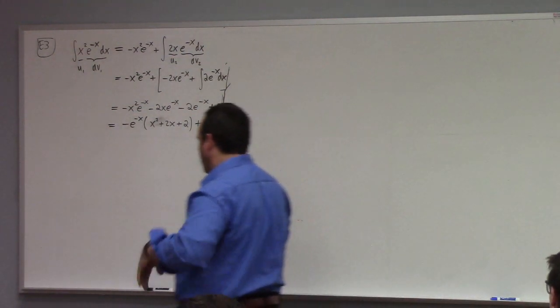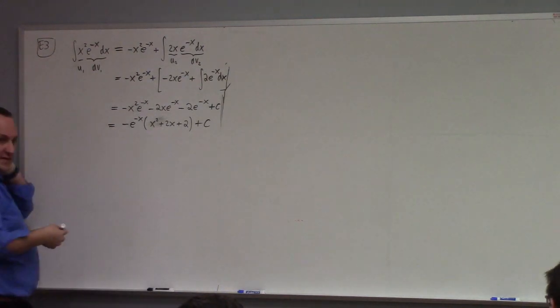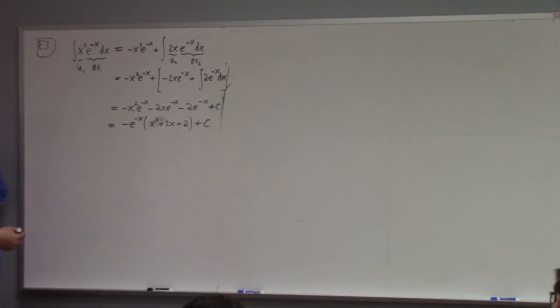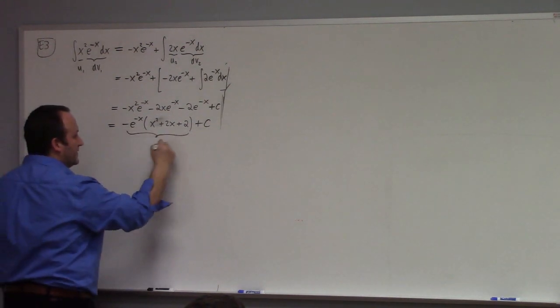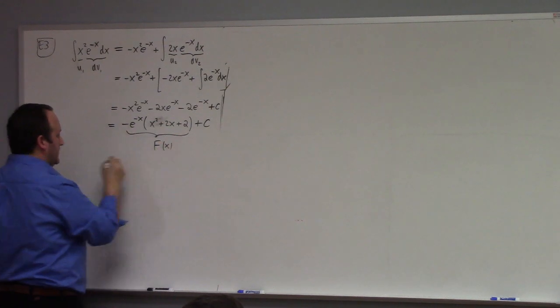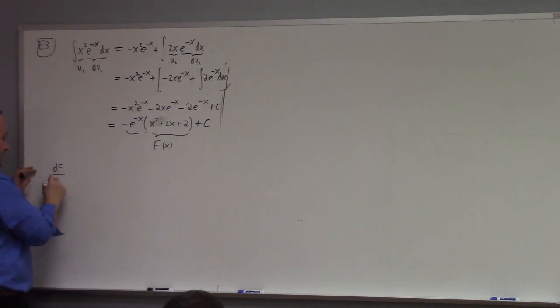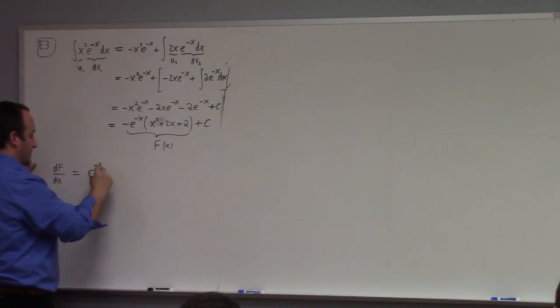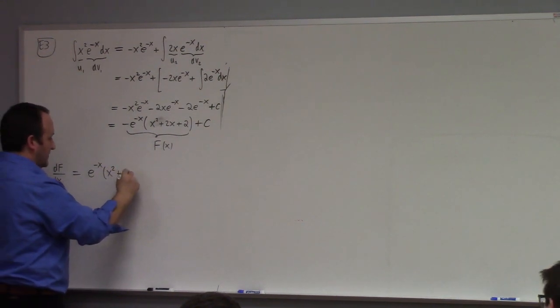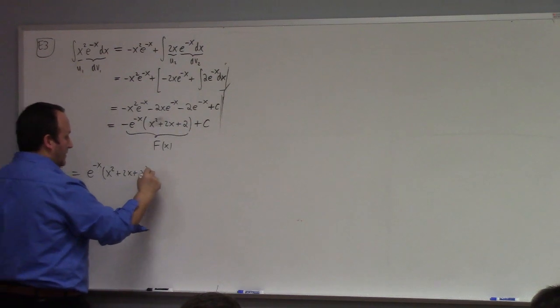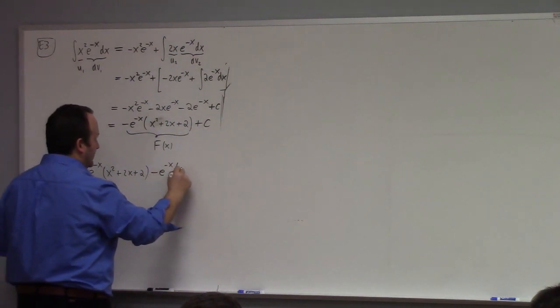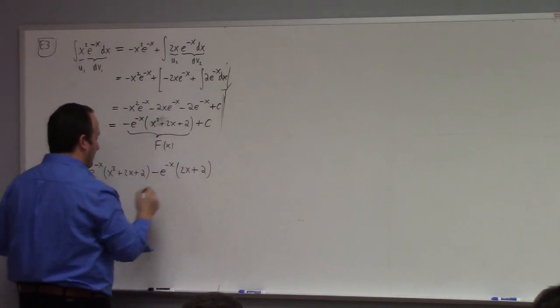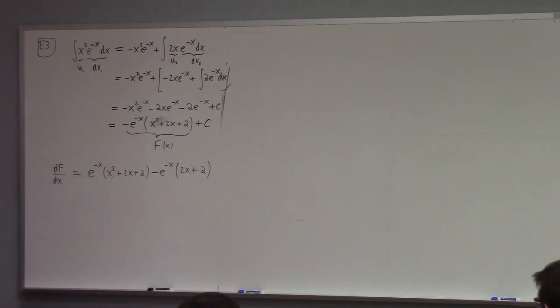If you're uncertain of your answer, what's one thing you can do to check? Take the derivative, right? Let me call this thing f. What's df dx? We have e to the minus x times x squared plus 2x plus 2, minus e to the minus x times 2x plus 2, by the product rule.